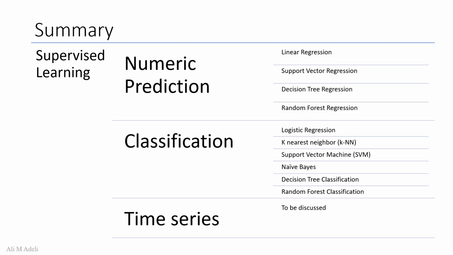When we have a numeric or continuous outcome, we're talking about numeric prediction. When we have a categorical outcome, we're talking about classification, and time series we didn't get into. So that was the last piece of this lecture, and we're going to do some hands-on activity on numeric prediction as well as on classification.